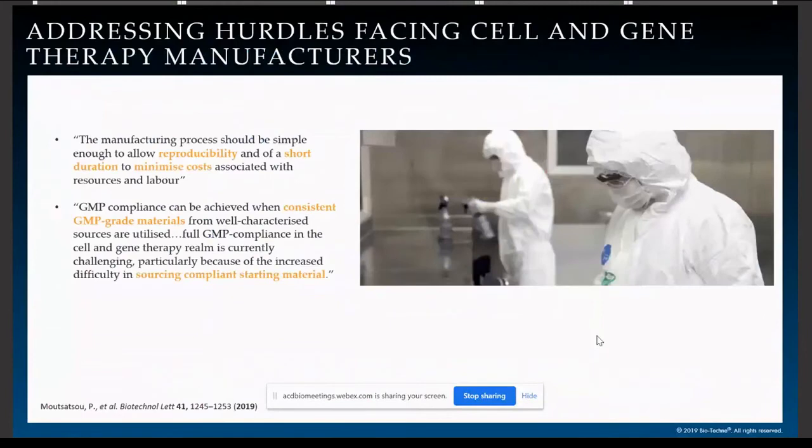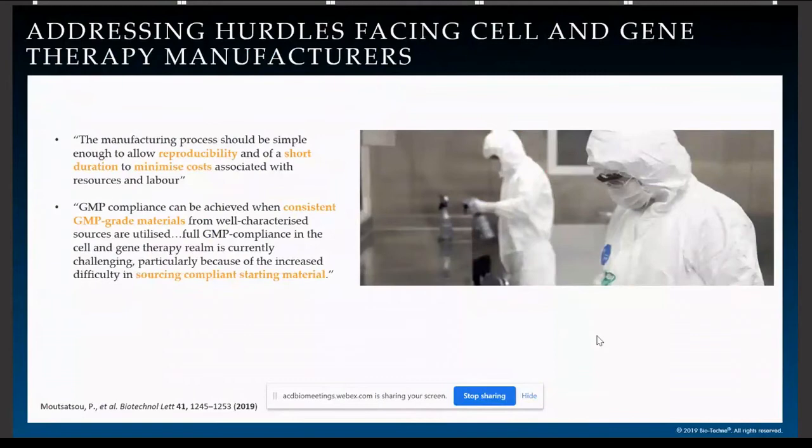And there have been some hurdles that this space has identified and is addressing. Some of these go along with supply chain and consistency. So having reproducible processes in place that minimize the amount of time that it takes to get to the patient. And along with that, having high quality reagents.